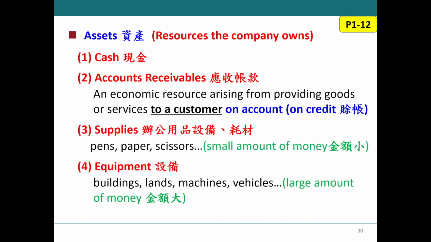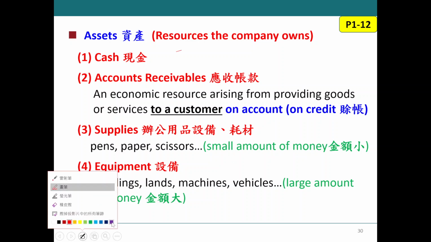We use the amount to define the assets you have. Did you find out small amount of money or large amount of money? So this is how we define whether it is your supplies or your equipment.